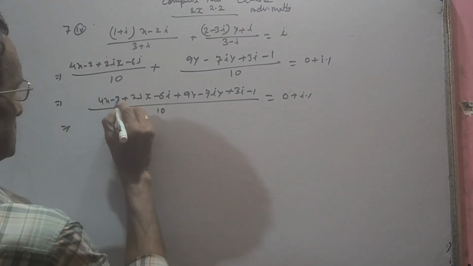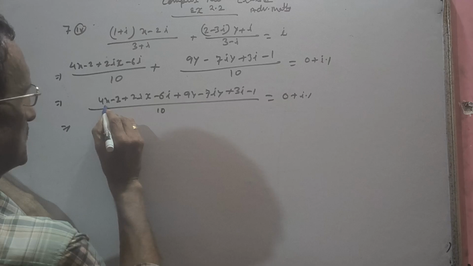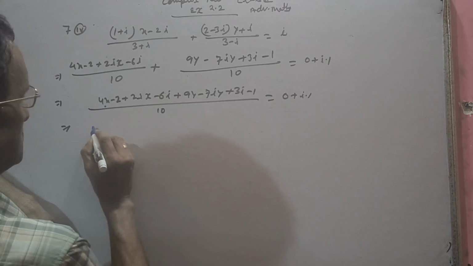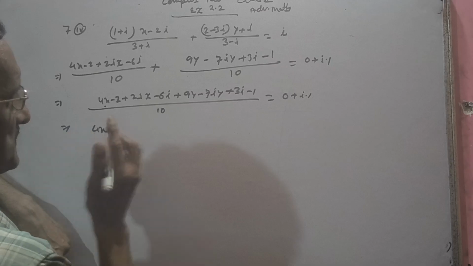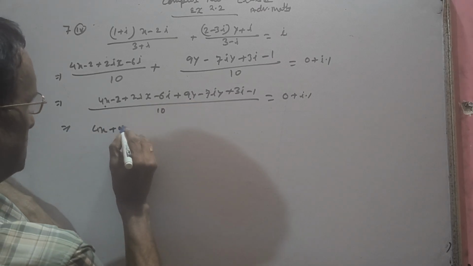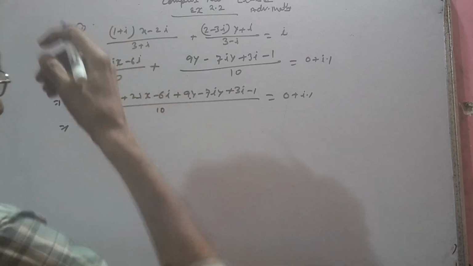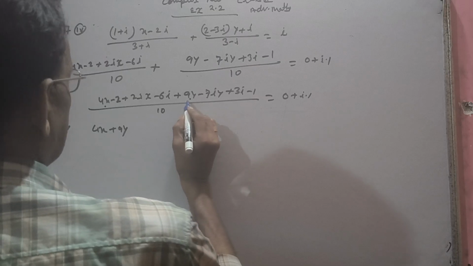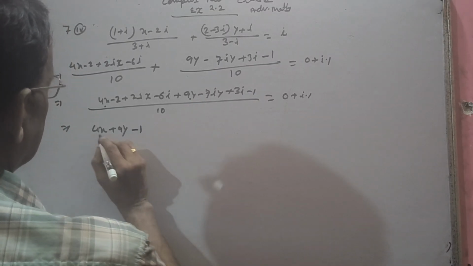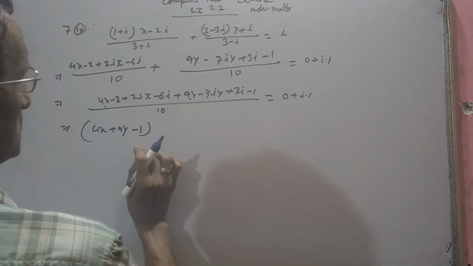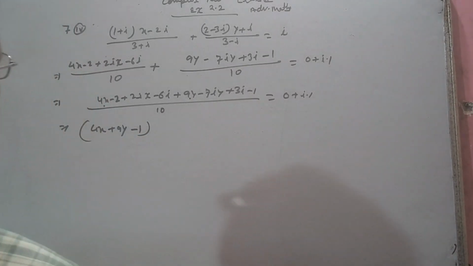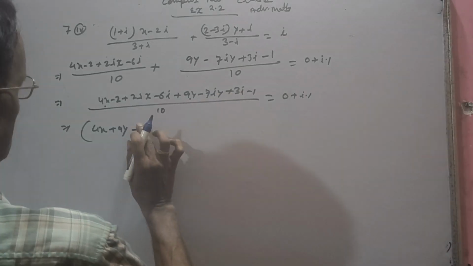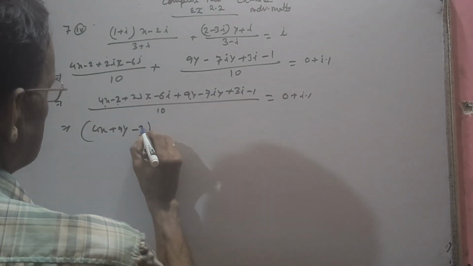First write down the terms without i: 4x plus 9y, then minus 2 minus 1, minus 3.